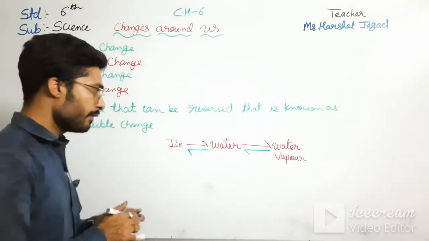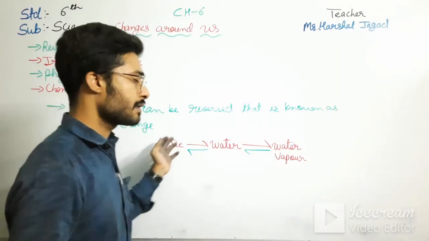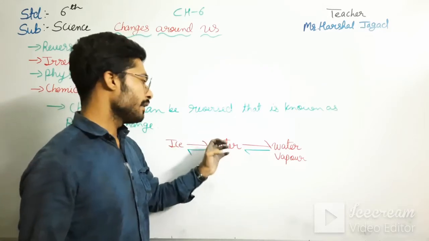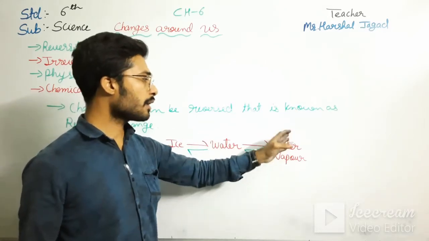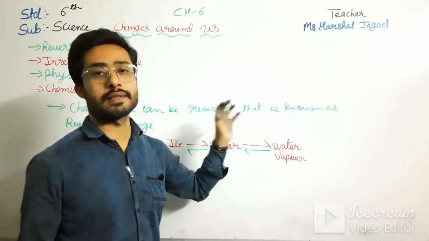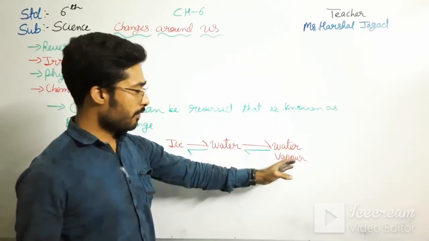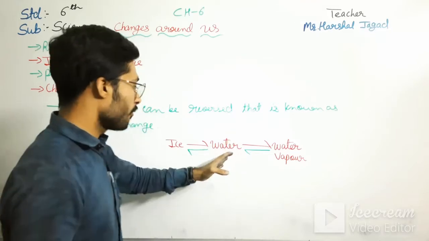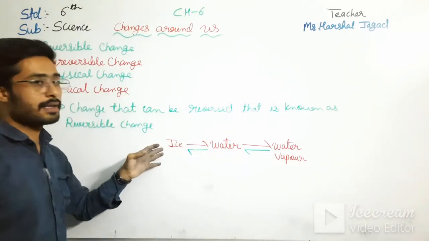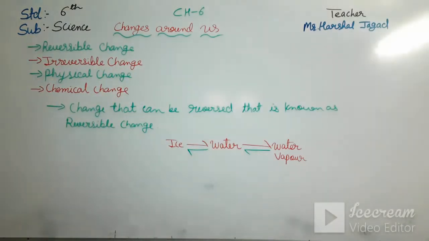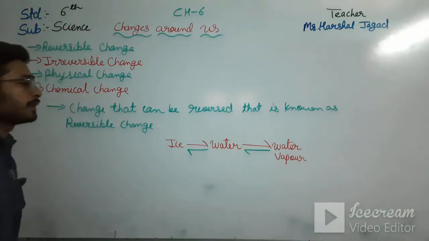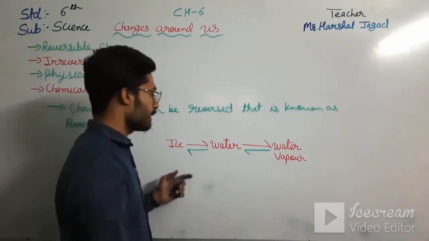The ice which is converted into water is known as melting, the water which is converted to water vapor is known as evaporation, the water vapor which is converted into water is known as condensation, and the water which is converted into ice is known as, students? Yes, it is known as freezing.